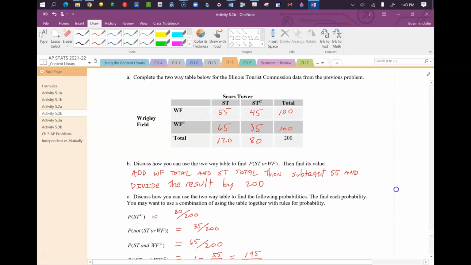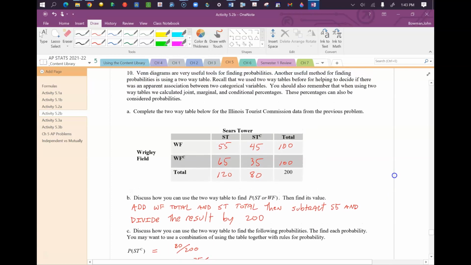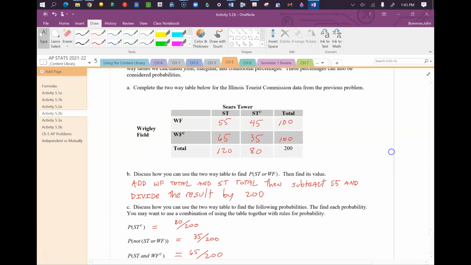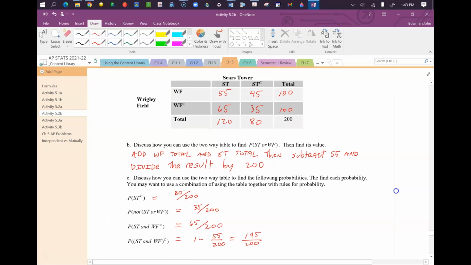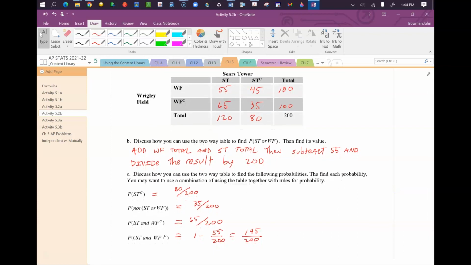And this is the two-way table that would correspond to that problem, the Sears Tower Wrigley Field problem, and the corresponding values that would go in there, which you would find in the Venn diagram as well. So you should be able to transition between the two of those. And here are the answers to the questions associated with that two-way table.